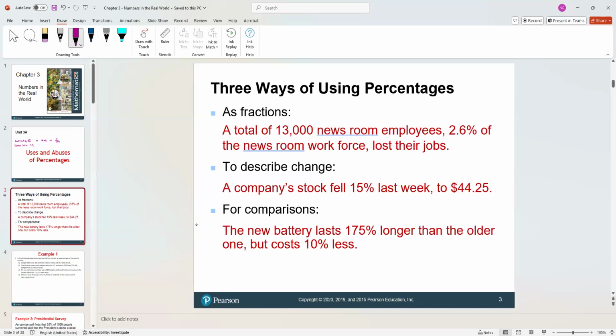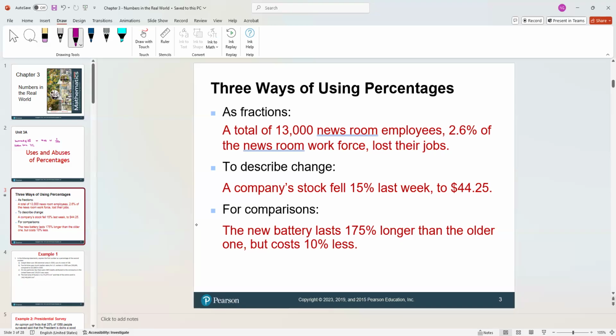There are three ways of using percentages, and we're going to go with one first example. A total of 13 thousand newsroom employees, 2.6% of the newsroom workforce lost their job. So it's 2.6% of that 13,000.